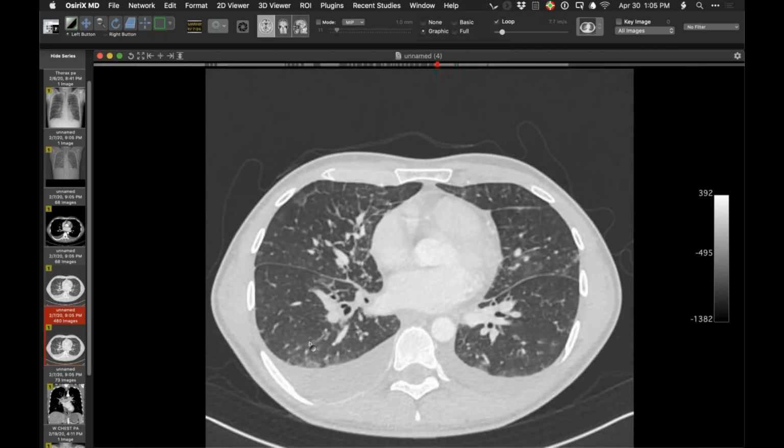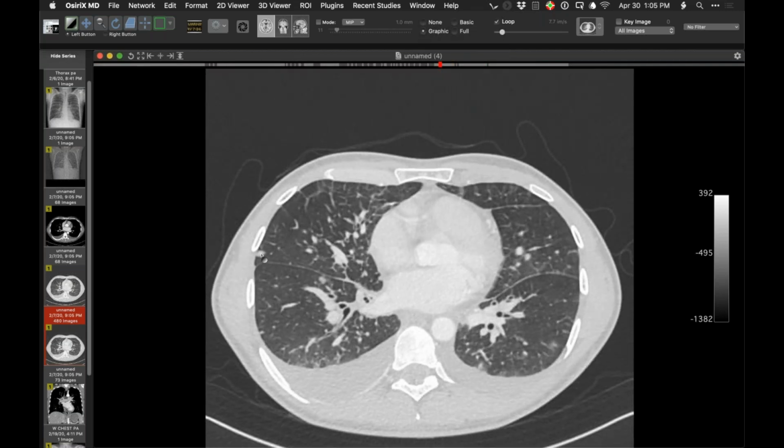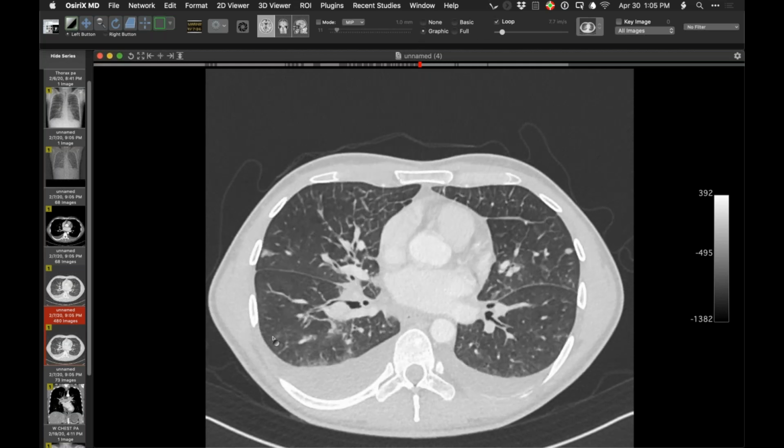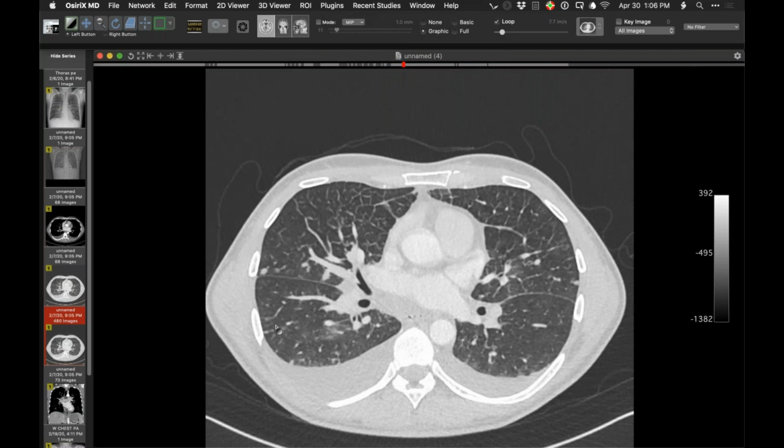And when those septa are seen like this, it looks like nodular disease. So here is an oval-shaped nodule in the periphery of the lung, and there are other ones as I'll scroll around.